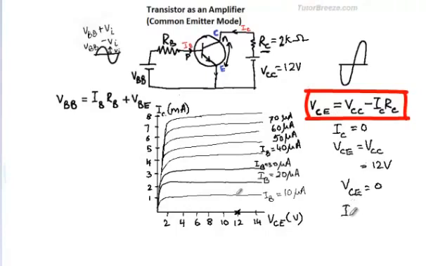Now that gives us IC equal to VCC over RC, and here I have assumed a value of 2 kilo ohms for RC. So this value comes out to be 6 milliampere. So we have another point over here. Now we'll join these 2 points with a straight line, and this line is called the load line.